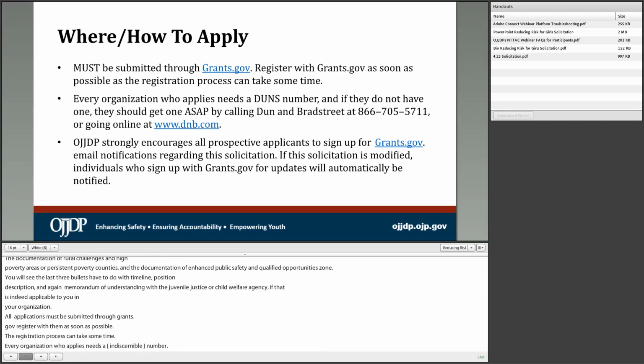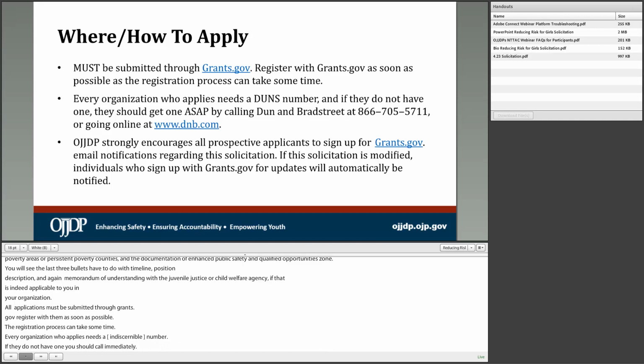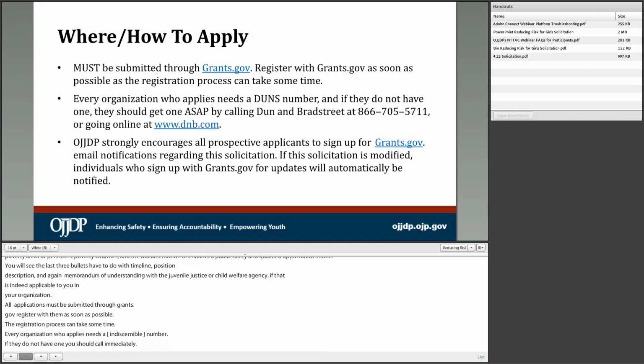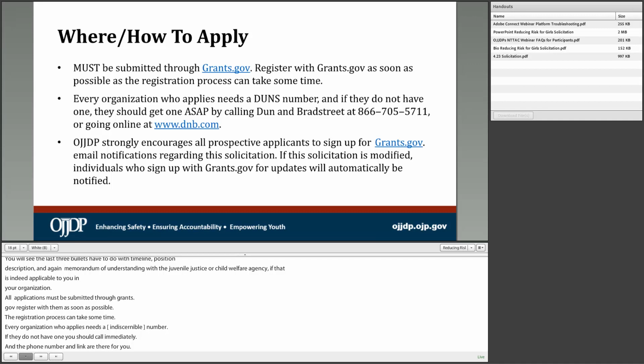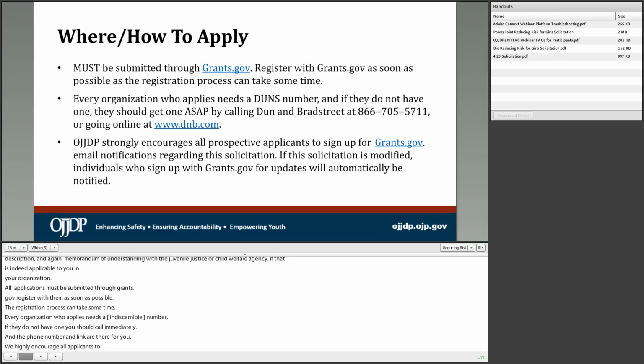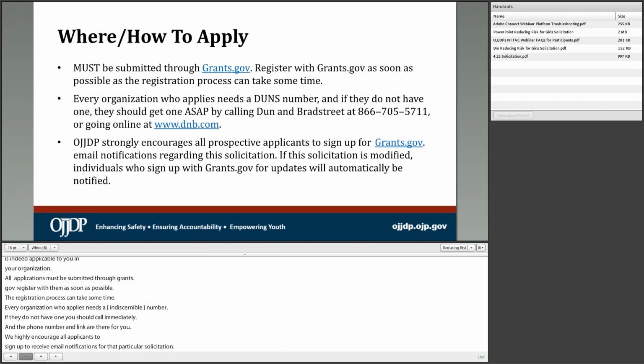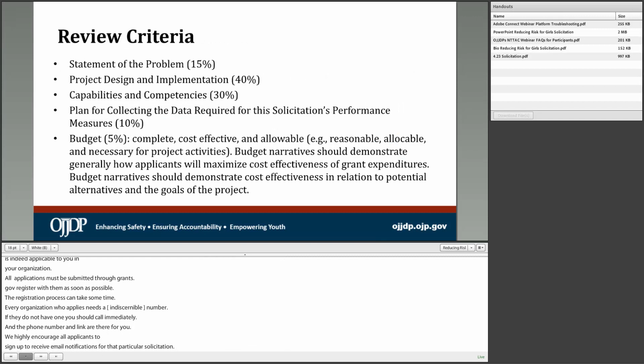And the phone number and link are there for you. And we highly encourage all prospective applicants to sign up for Grants.gov to receive email notifications regarding this particular solicitation, because if things are modified, only those individuals who sign up for Grants.gov for updates will be notified.